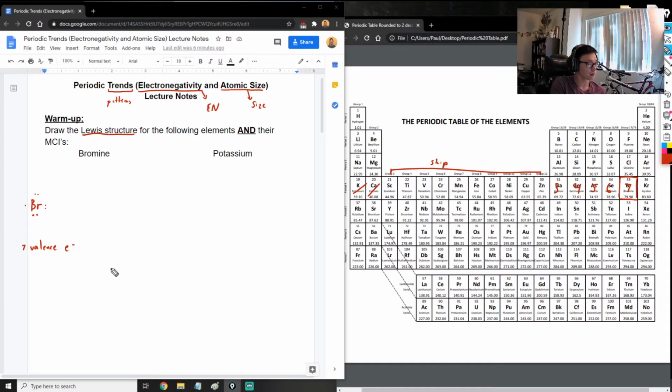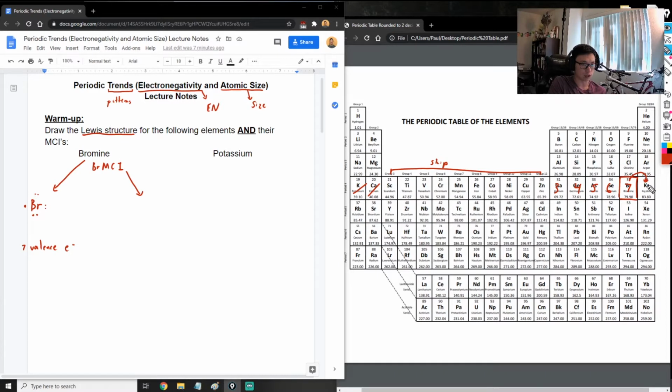All right, now we're going to talk about bromine's MCI. So this is bromine, but if we do the MCI, we need to figure out if it's going to gain or lose electrons. So let's take a look at this row. In order for bromine to fill up the outside shell, it's only going to need one more, right?